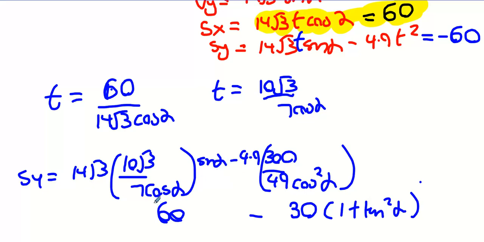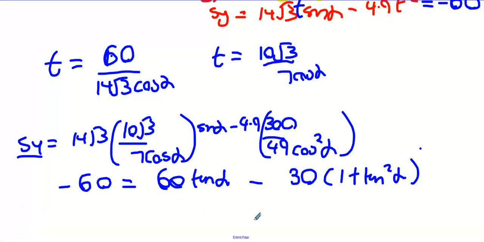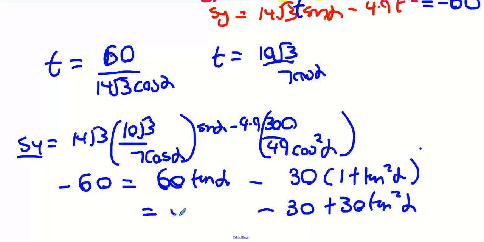What's sine alpha over cos alpha? Tan alpha. And what does Sy turn into? Minus 60. Okay, multiply in. 60 tan alpha minus 60. Now what happens next?